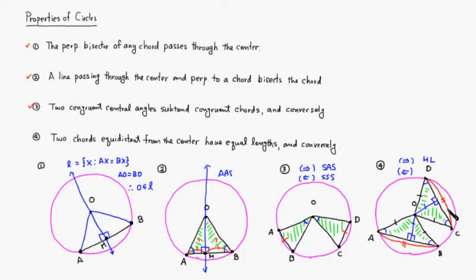This is very similar to before, but since we have side, side, side, we can establish the congruence between these two triangles. And this is an isosceles triangle, so this angle is congruent to that, and this angle is also congruent to that.